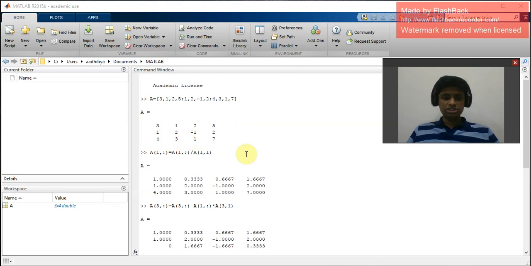I should give you some insight into what row echelon form is. A matrix is in row echelon form when it satisfies the following conditions. The first non-zero element in each row, called the leading entry, is 1. This is one of the most primary conditions. Each leading entry is in a column to the right of the leading entry in the previous row.